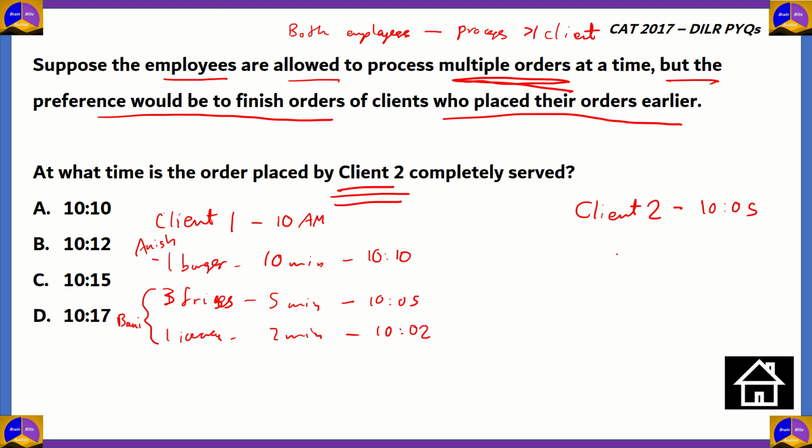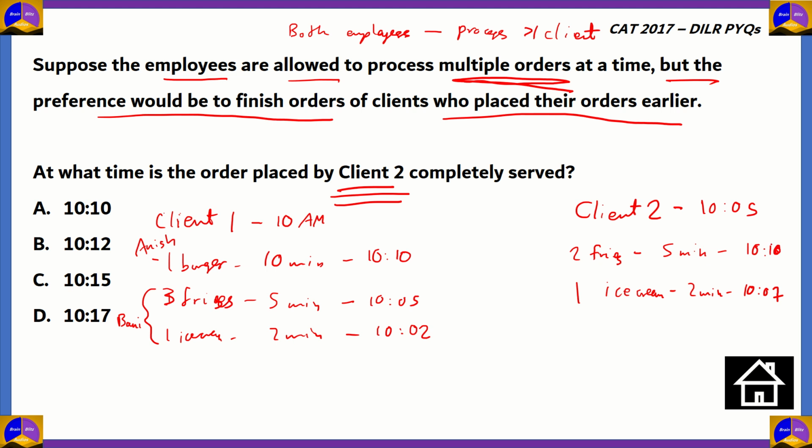Now, client 2 places his or her order at 10:05, and the order is 2 fries and 1 ice cream. So 2 fries takes 5 minutes, served at 10:10. 1 ice cream takes 2 minutes, served at 10:07.